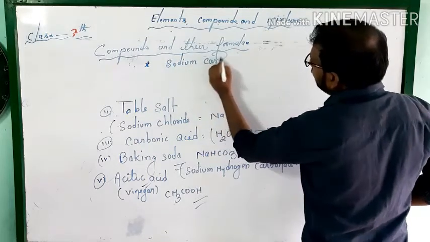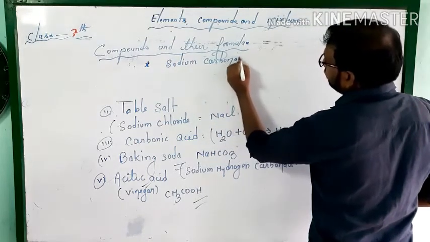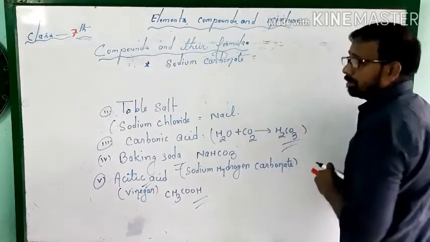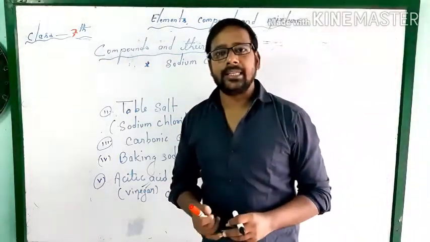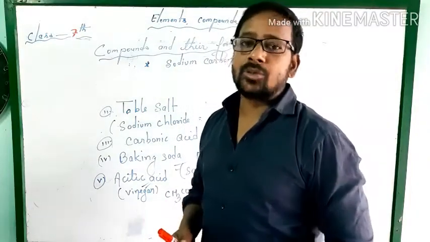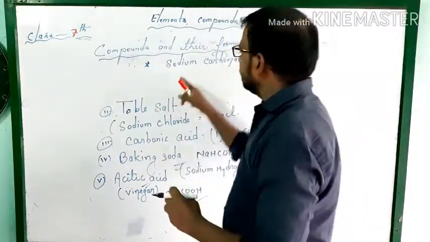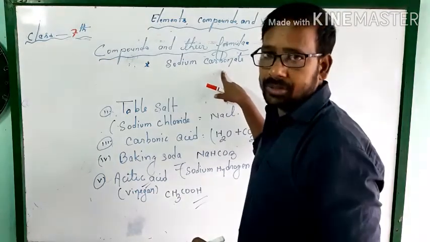Sodium carbonate. Your surf and your detergent actually contain sodium polyminate and sodium acetate, but these are the compounds which are used for making that.